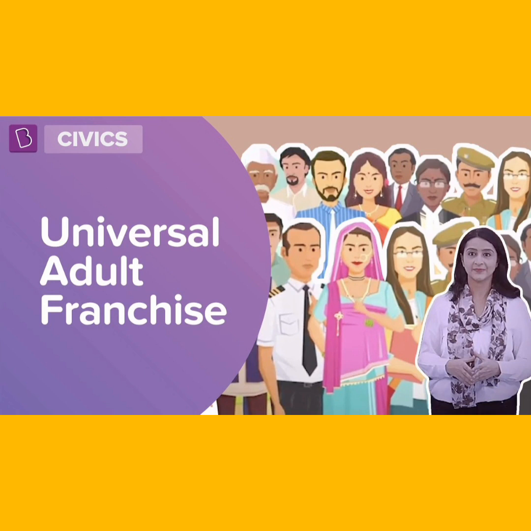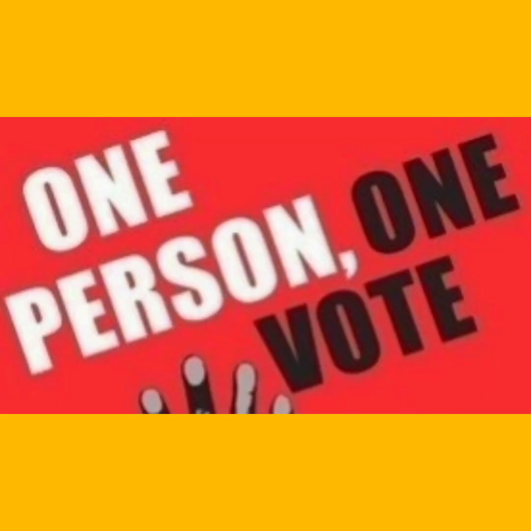Earlier, we have spoken about the principle of universal adult franchise. In practice, it means that everyone should have one vote and each vote should have equal value. No one should be denied the right to vote. Denied means no one should be stopped from voting. Different citizens differ from one another in many ways.